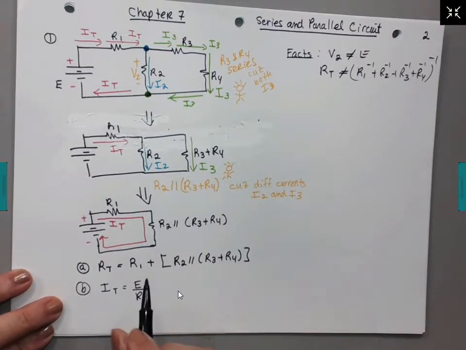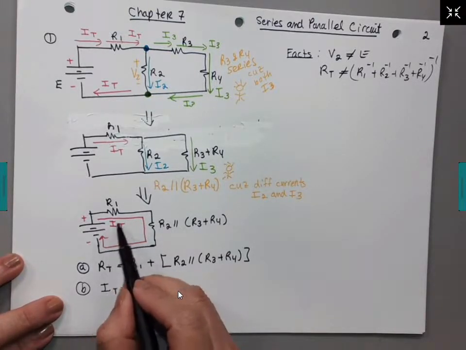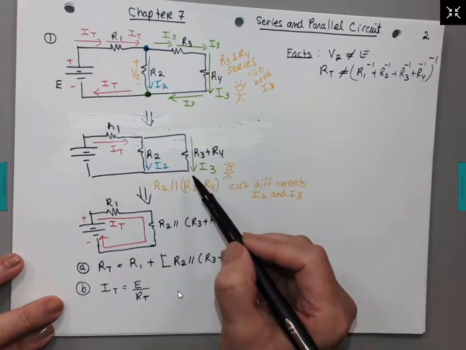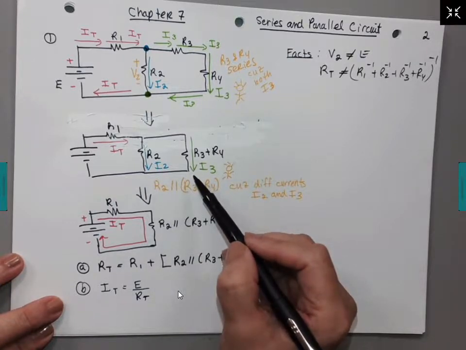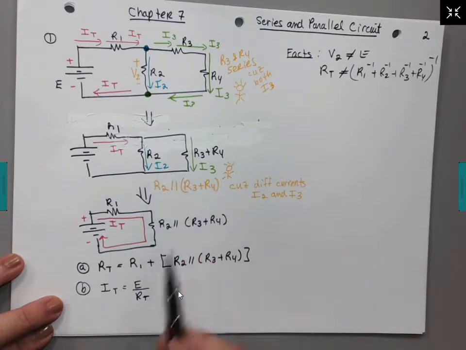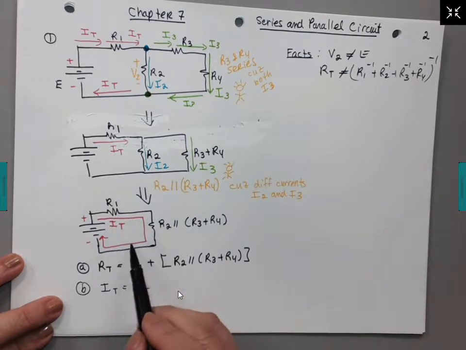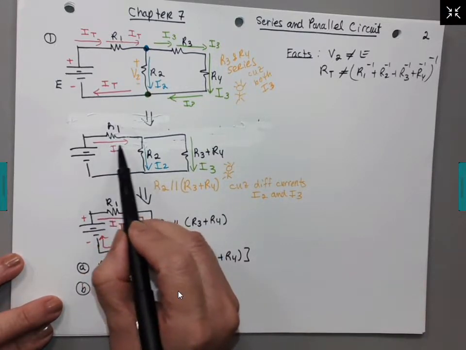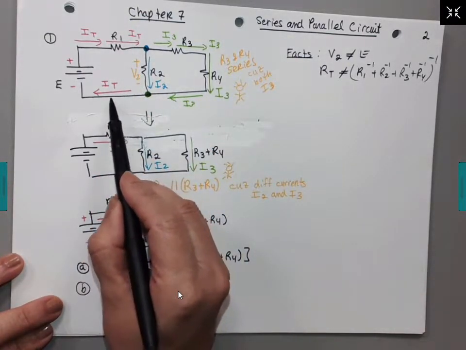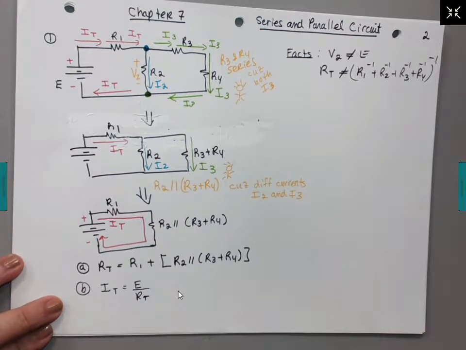So whatever that is, this current right here, that is not I2 and I3. I2 and I3. So when I say what is the current through R2, don't tell me he's IT. He is not IT. He is the current through this little resistor, or this portion right here. If we had another resistor right here, R5, that would be the current through R5. Okay? Very good.